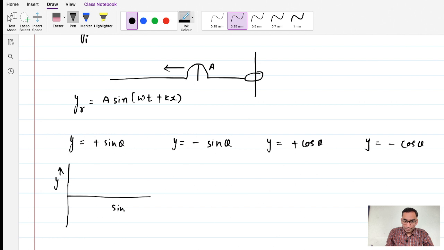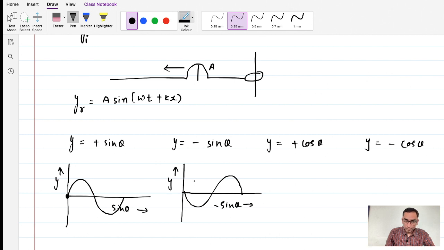The sine theta graph always starts from the origin, then it goes up like a crest and then the trough. This is the plus sine theta graph. If I draw the same graph of y equals minus sine theta, this graph gets flipped and you will have the graph like this.